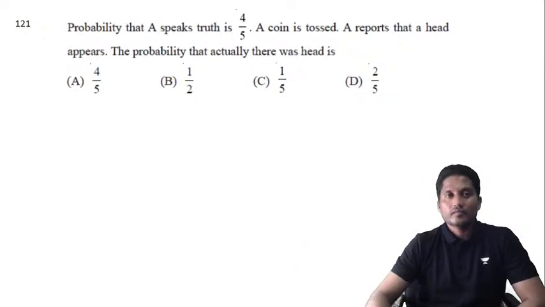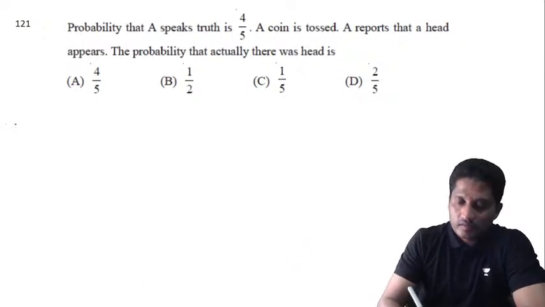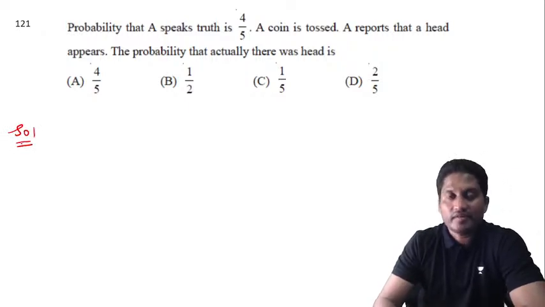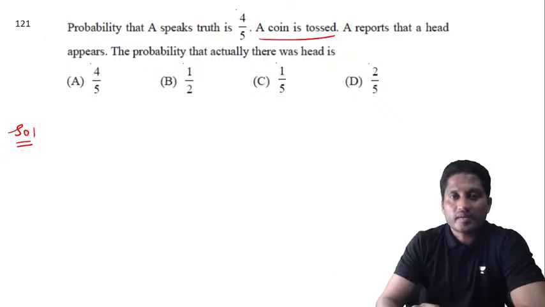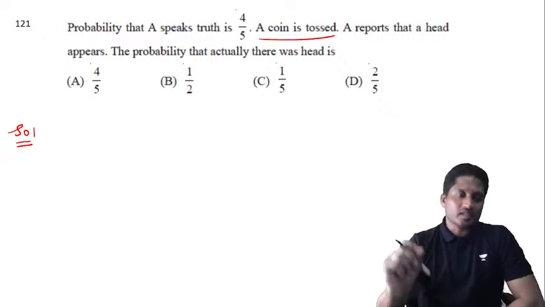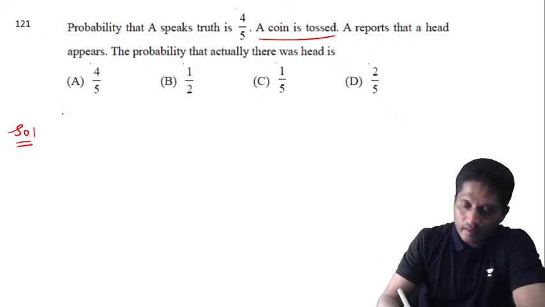Question number 121. The probability that A speaks the truth is 4 by 5. A coin is tossed. A reports that head appears. The probability that actually there was a head. It's a question on Bayes' theorem.